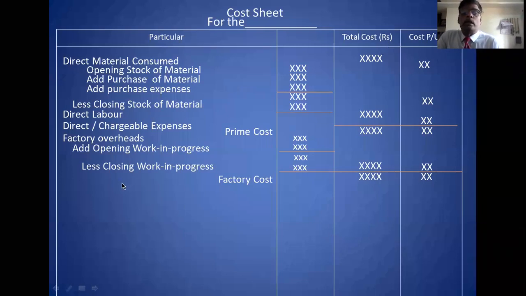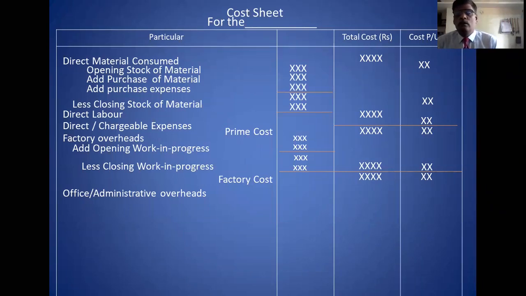Then next head is administrative overhead. What is administrative overhead? Whatever indirect material, whatever indirect labor, and whatever indirect expense we incur in the office and administrative department of the business concern is called administrative overhead or office administration overhead.